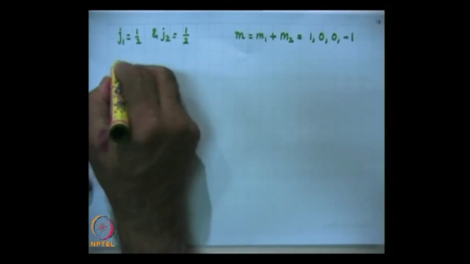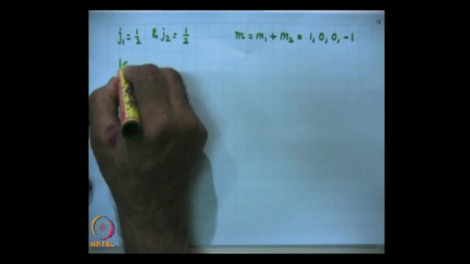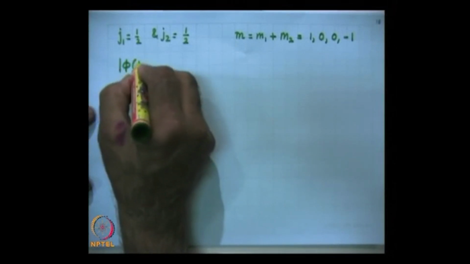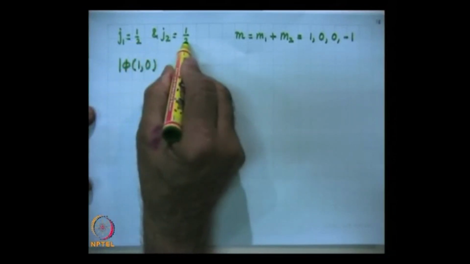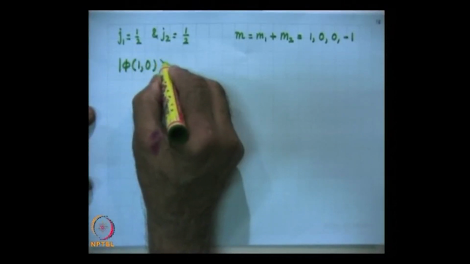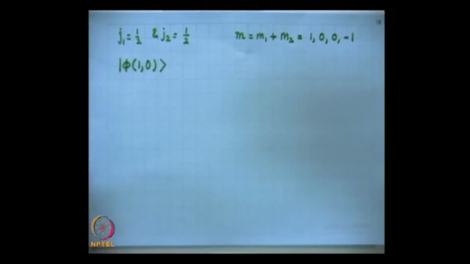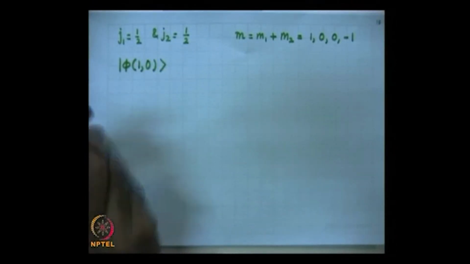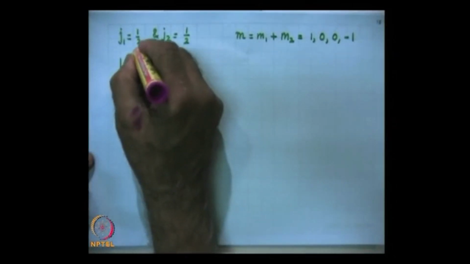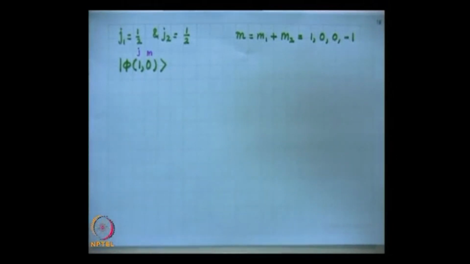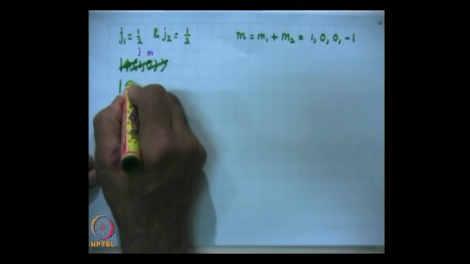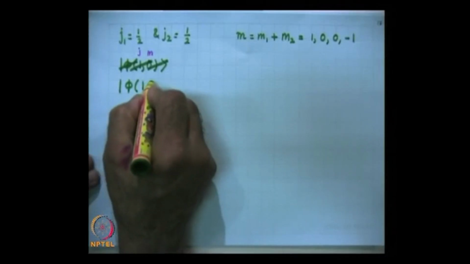And then we wrote down, first, phi of 1 comma 0, this is common to all. So, the first digit is the value of J, and this is the value of M. I am sorry, let me write it down again. This is phi 1 comma 1.